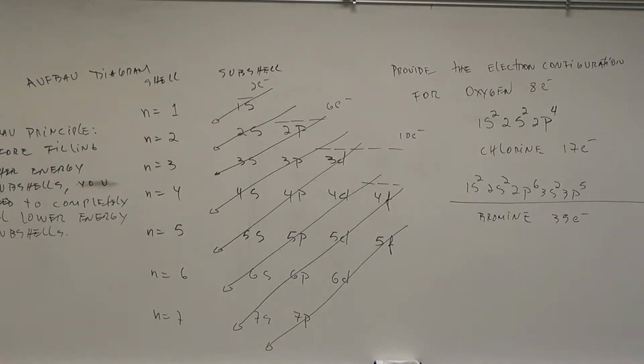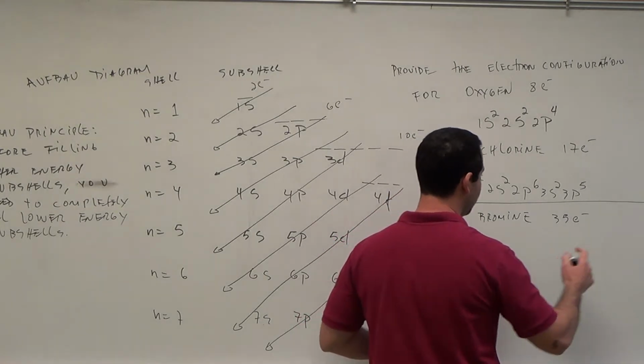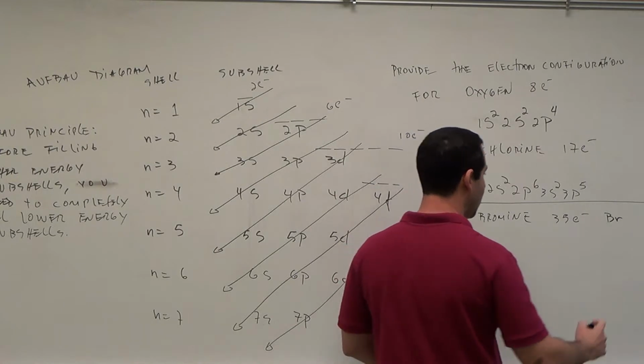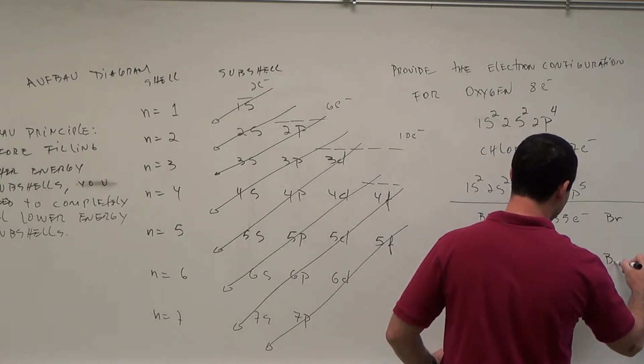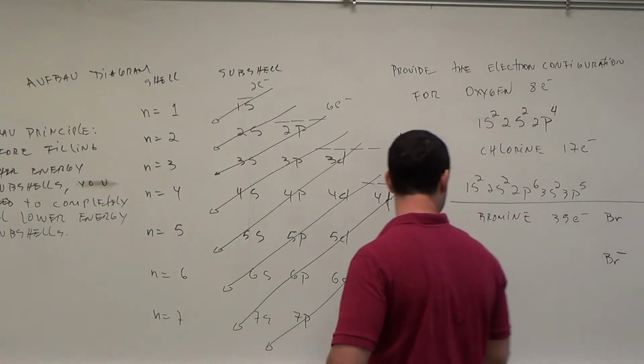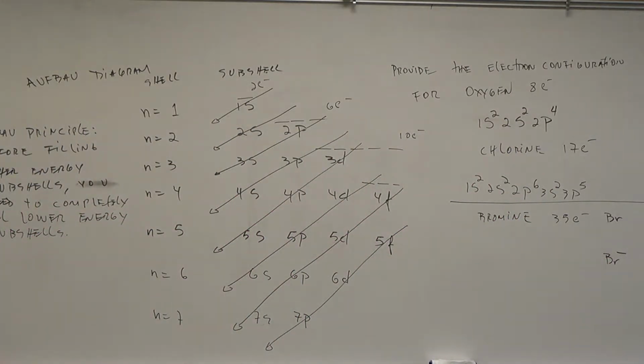We're going to change things up in about a second. Just do the electron configuration for regular Br, and do the electron configuration for Br minus. Don't say anything, just do it.